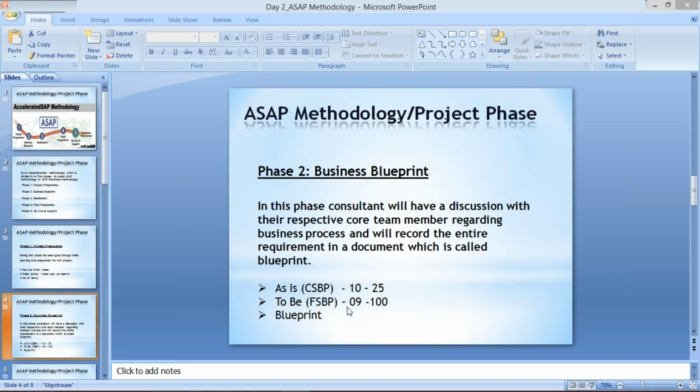In the sense, these 9 activities are possible to configure in SAP through standard configuration. Means you are going to do this configuration and you can deliver this independently.